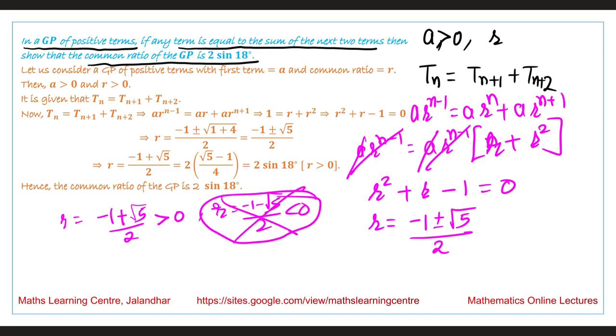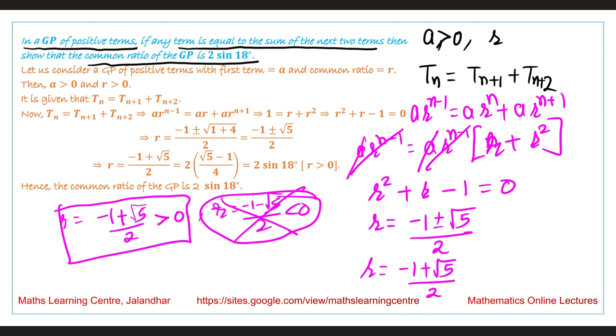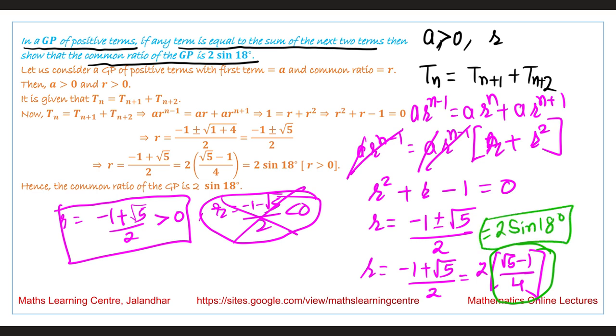So we are not talking about this case, and we are left with r is equal to minus 1 plus root 5 by 2, and we can write this as 2 into root 5 minus 1 by 4. We have already studied in our second chapter of trigonometric functions that this is the value of 2 sine 18 degree. So we are obtaining this answer.